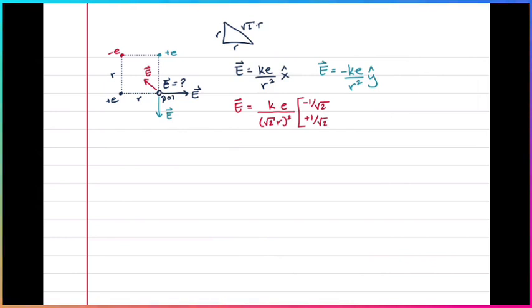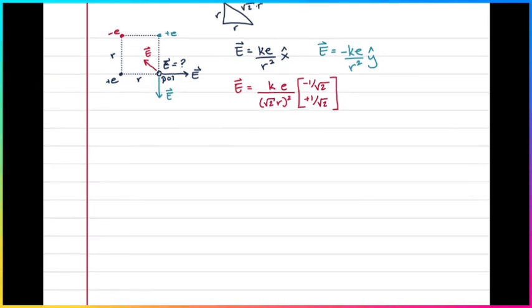And again, you should be able to figure out on your own why that is the direction vector r hat that points to the upper left. Well, sorry, let me actually pull the negative out because it's a negative e, so that's where the negative is coming from. So I do this and this.